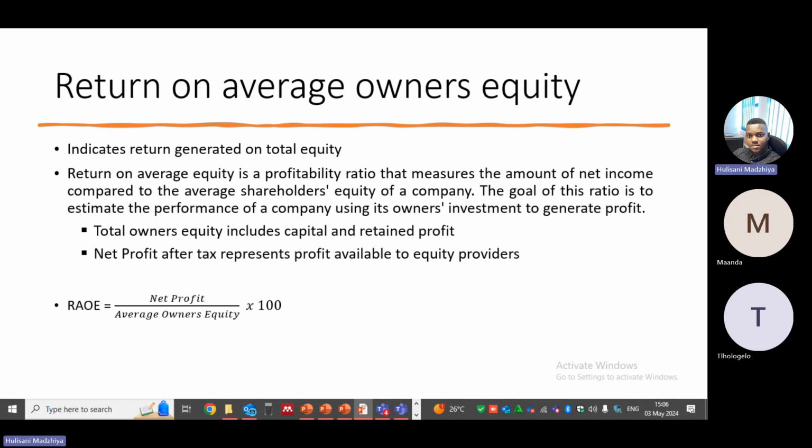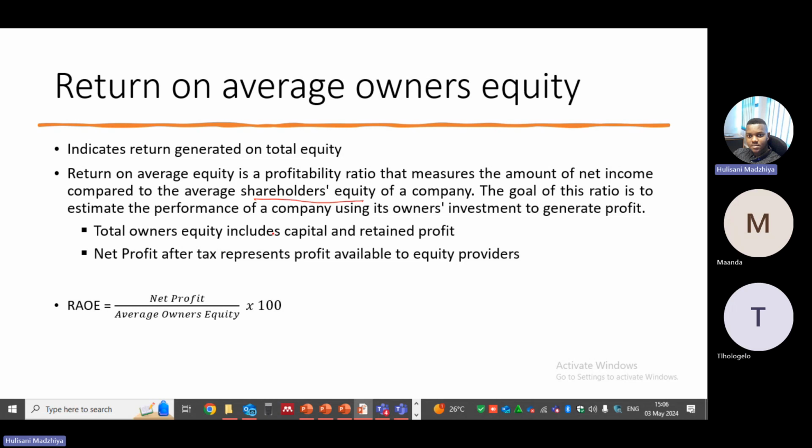And then this brings us to the last profitability ratio, which is the return on average owner's equity. So return on average owner's equity measures the efficient use of the capital provided by the owners of the business. So a company sells shares and then the shareholders or the investors buy the shares and they become what we call shareholders.